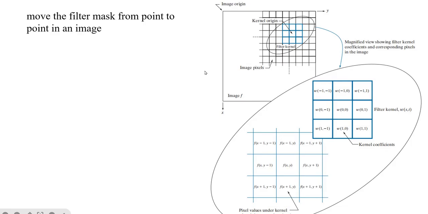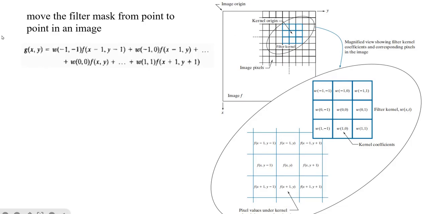For linear spatial filtering, the response, given by g of x comma y, or you can even denote it as R, is given by the sum of the products of the filter coefficients, that is the kernel coefficients w of -1 comma -1 and so on, with the corresponding image pixels.